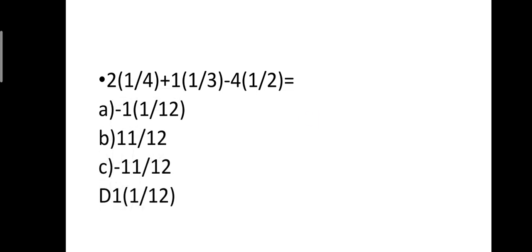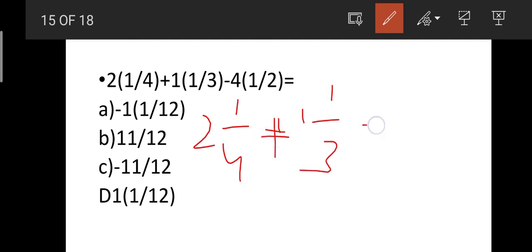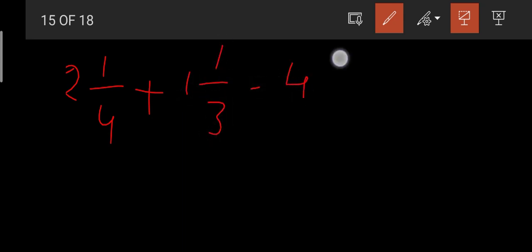See friends, this is also a very simple question. Here you can take it as 2 1 by 4 plus 1 1 by 3 minus 4 1 by 2. Okay, wait once, we will write it clearly. 2 1 by 4 plus 1 1 by 3 minus 4 1 by 2.